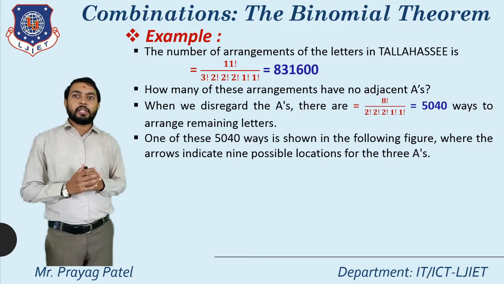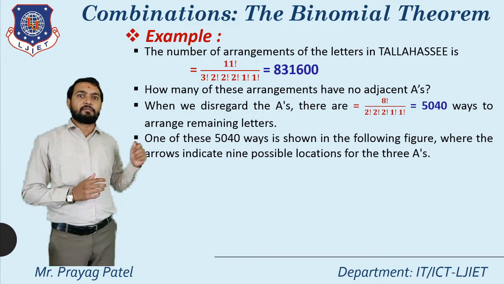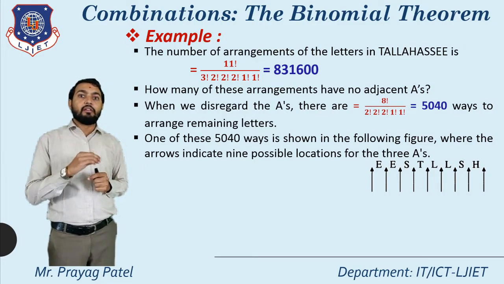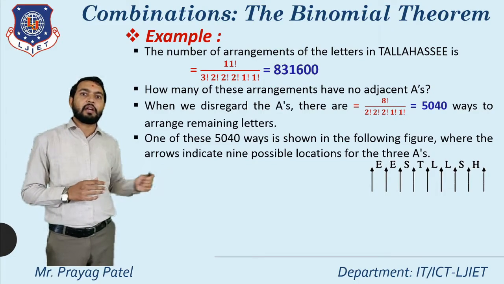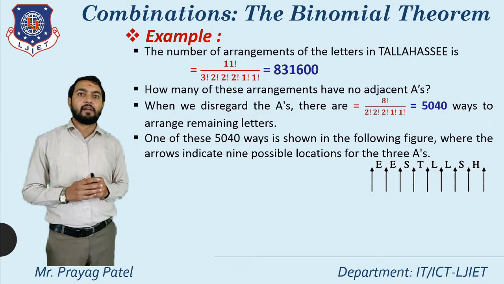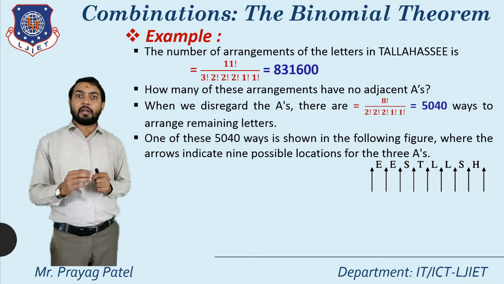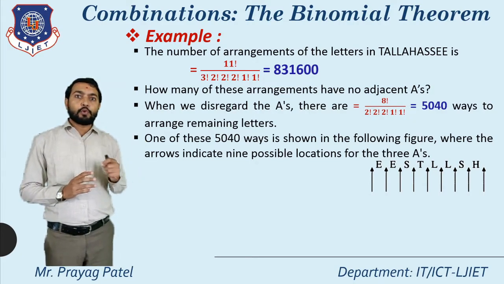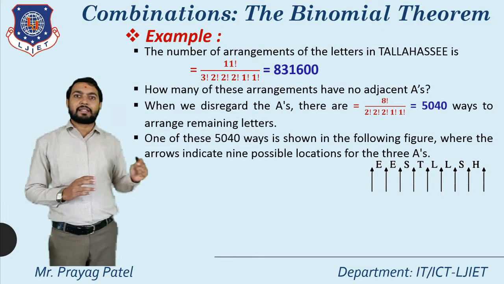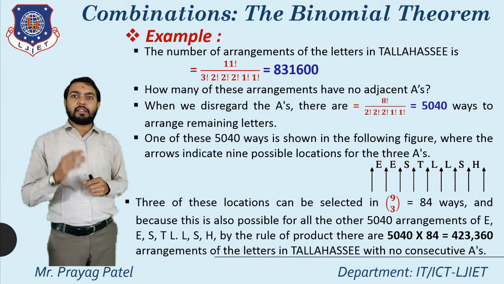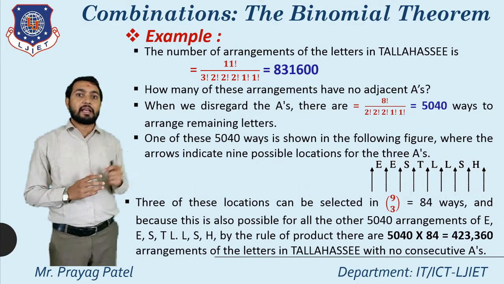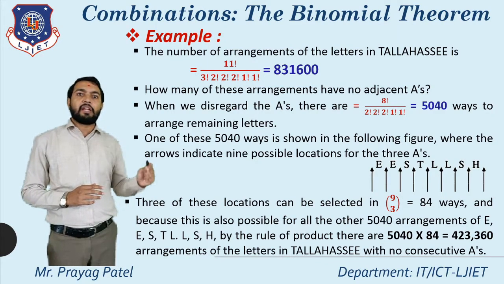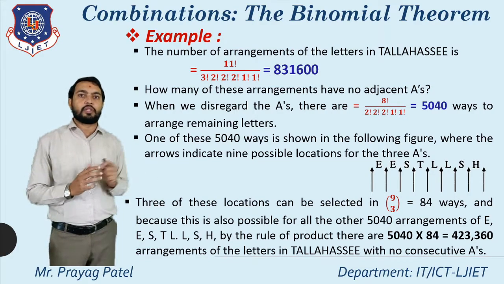Next, each of these 5040 ways, as shown in this figure, is an arrangement without the A's. Now where do we put the A's? In this figure, the arrows represent the possible positions of A. So 9 locations are available for the A's, and we have to put 3 A's in them. The number of ways is 9 choose 3, which equals 84 ways of placing the A's in this sequence.